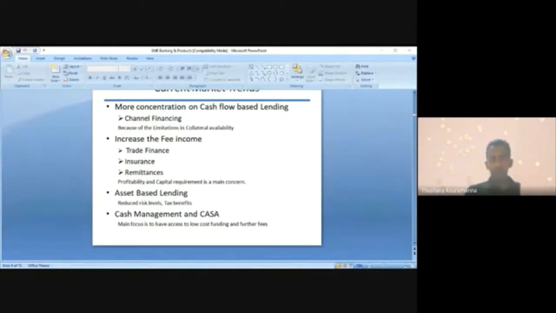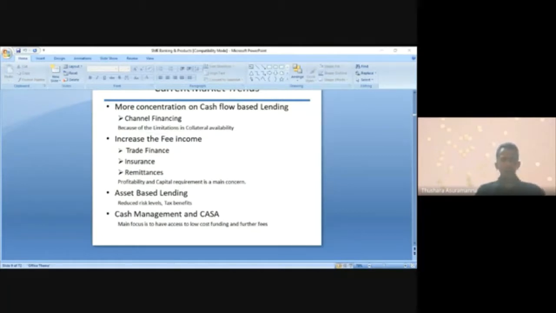Because as a bank, as a manager, as a decision maker in the bank, we need to see these things which are in the market. Many banks are right now also concentrating more on cash flow based lending. Why? Because now you can do capex financing.